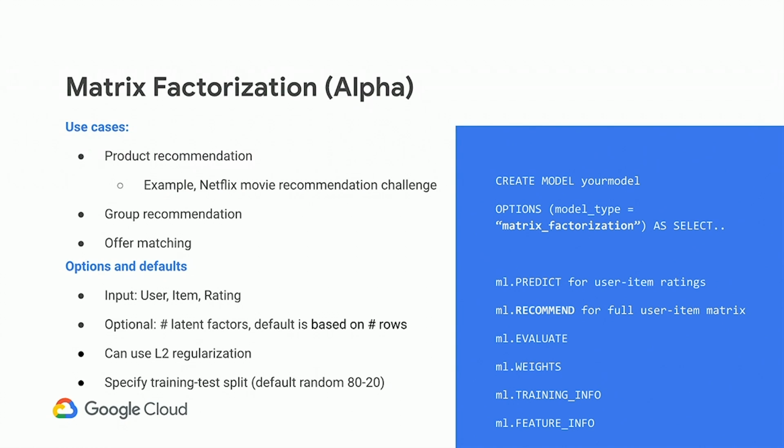This comes with all the linear regression functions that you have seen to see the root mean square error, to see other metrics, get training info, etc. And we have added a new function called ML.RECOMMEND, using which you can get the full matrix back for all user-item pairs. Again, this is in alpha. Please reach out to us if you would like to try it out.